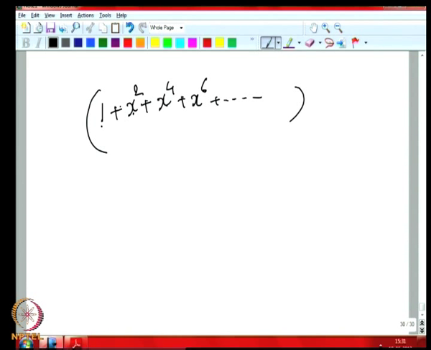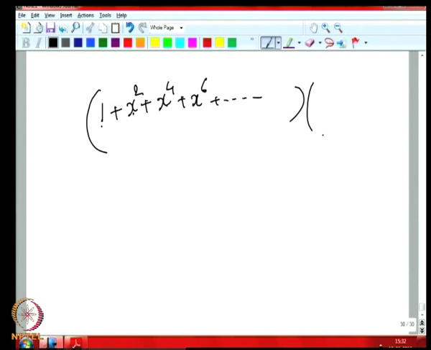So I do not allow x raised to 1, x raised to 3 etc., because they are odd powers of x. When I create x raised to n, I do not want the first term in the product to contribute x to the power t, where t is an odd number, right.